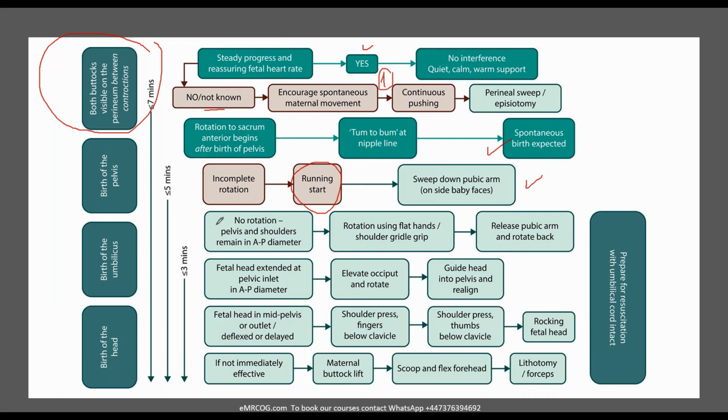Then we come to, if there is no rotation and the pelvis and shoulders remain in the anterior-posterior diameter, then I will try to do rotation using flat hands, okay, with a good shoulder grip. And I will try to release the pubic arm and rotate back. I hope that this step is clear in the picture.